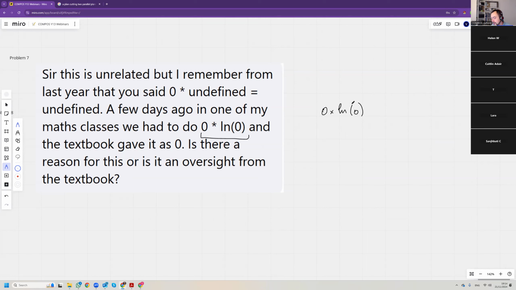If you stick it into your calculator, 0 times ln 0, it's a math error, it's undefined. But that doesn't mean it doesn't have a limit. The limit of x multiplied by ln x as x tends to 0 is in fact 0.